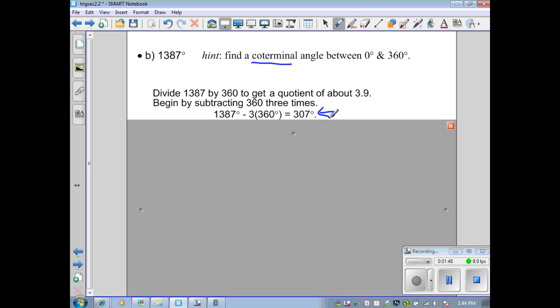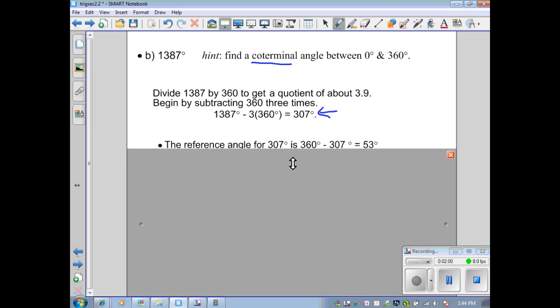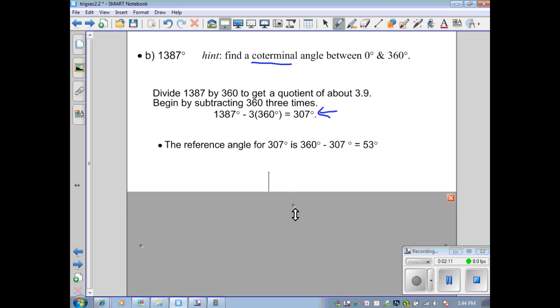That will be in quadrant 4. So I know I'm going to have a reference angle in quadrant 4 with my terminal side of the angle in quadrant 4 in relation to the x-axis between 1 and 4. So when we follow this procedure, the reference angle for 307 is 360 minus 307, which gives me 53 degrees.